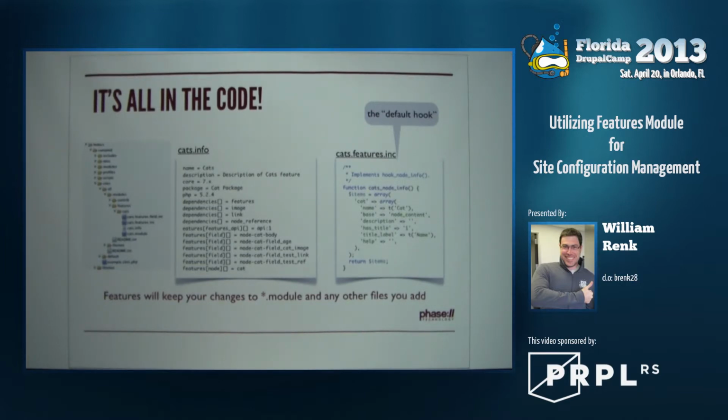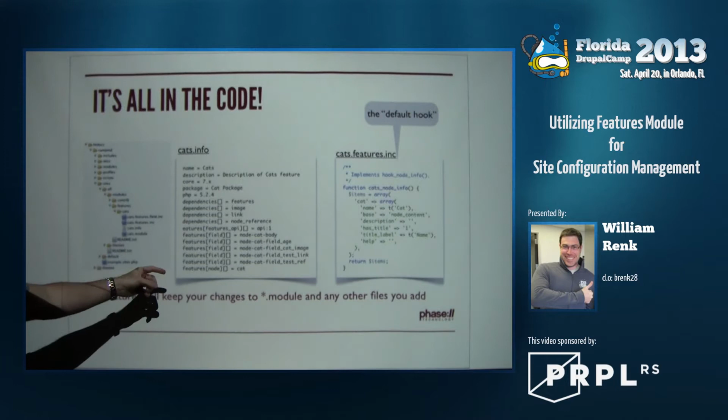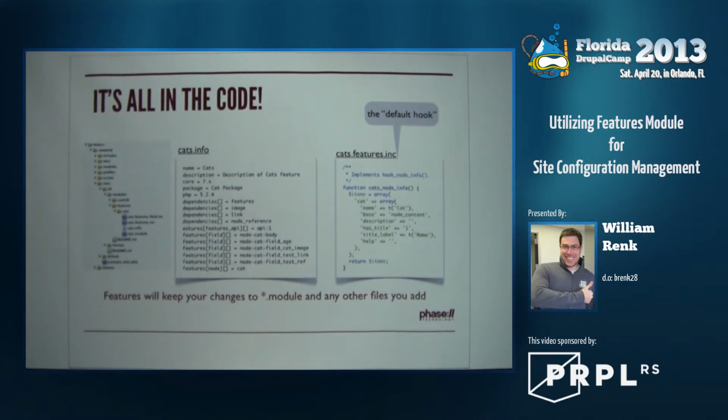So this is really a difference that you won't see in a standard module info file. It's basically telling the code part of the features module what is contained in the feature.